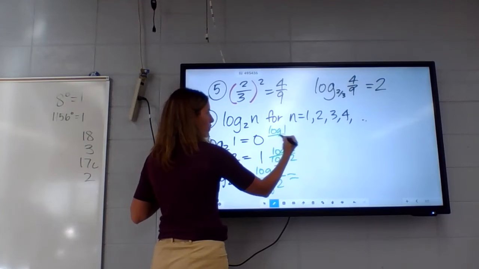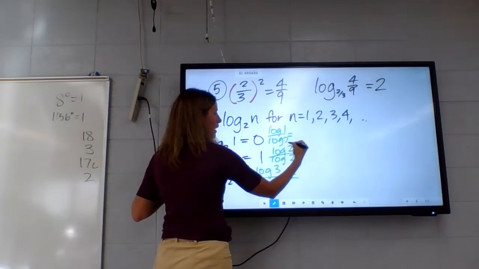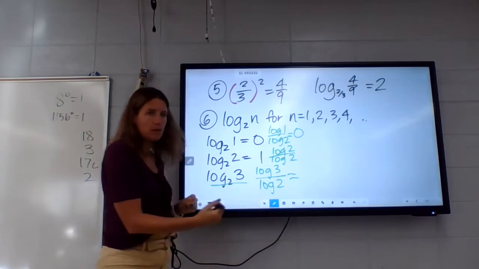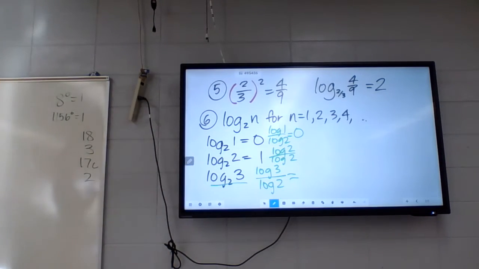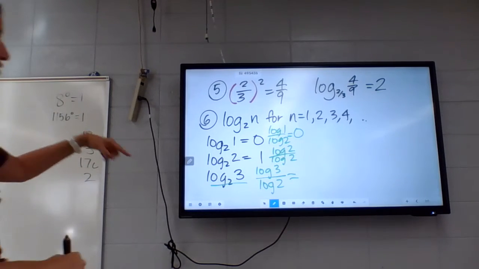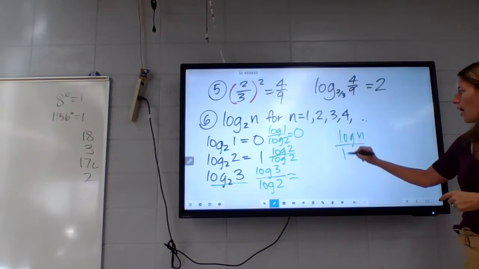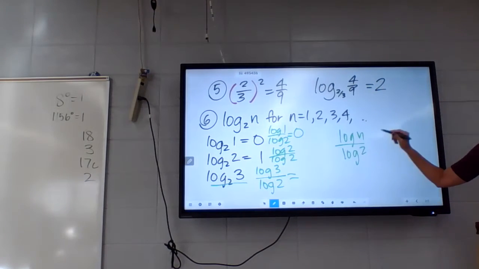Log of 1 over log of 2, again, that's just going to end up being 0. So some of these are going to be decimals, and others of them are going to be whole numbers depending on the problem. So you're changing that log. You're doing log of n over log of 2, and you're just changing n all the way up to 9. It's just asking you to keep plugging that in.